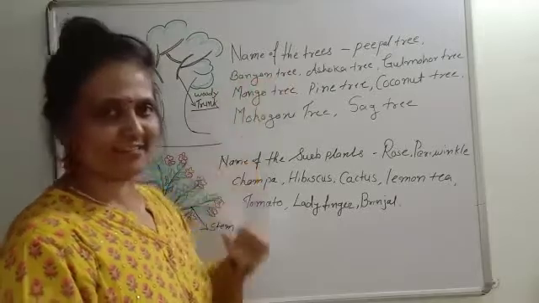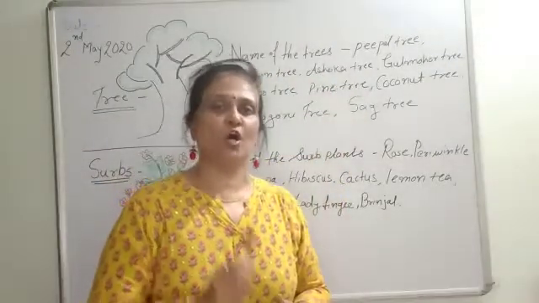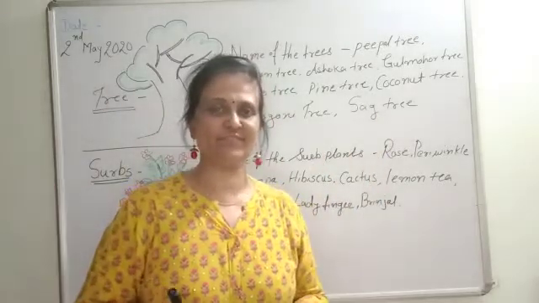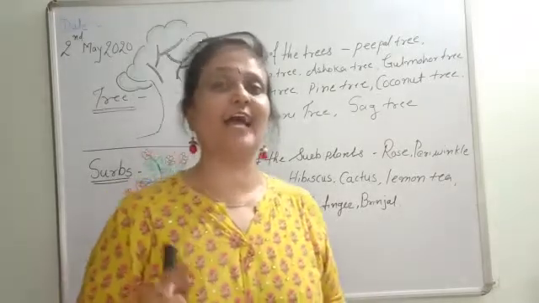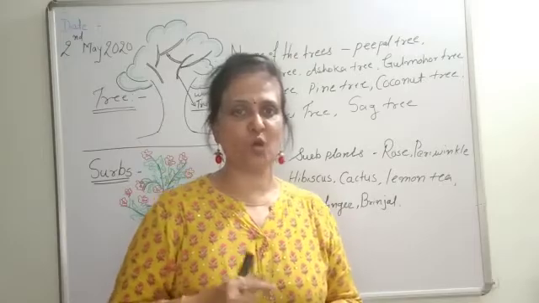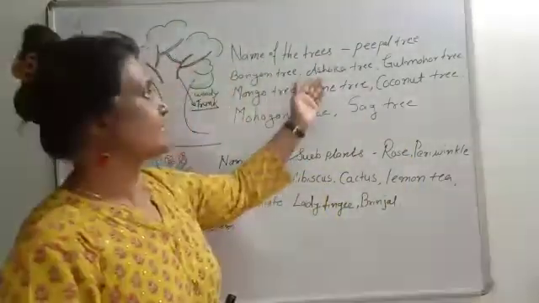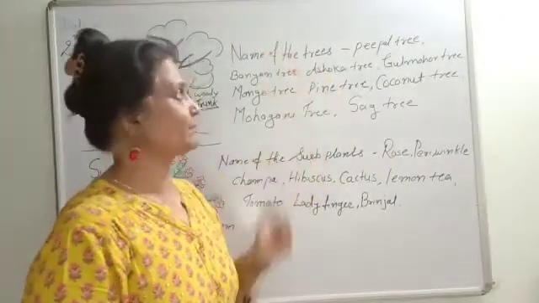Another is Ashoka tree. Ashoka tree is also round in shape, which is very strong and tall. Some Ashoka trees are also cone in shape, but this is the Ashoka tree which is round in shape.